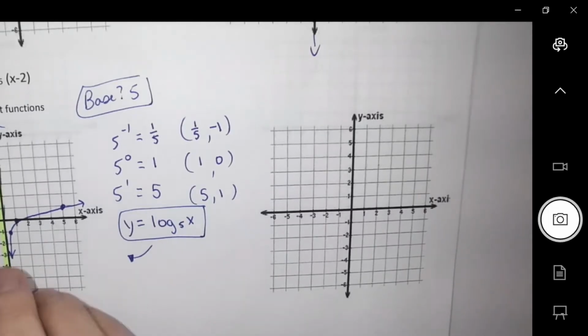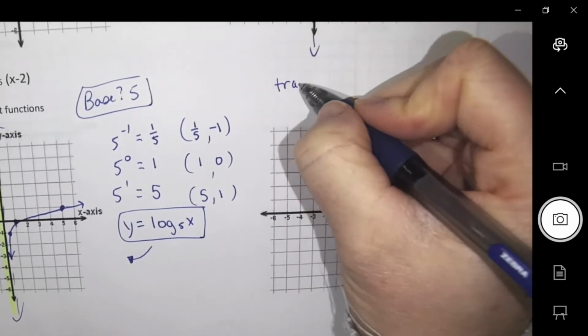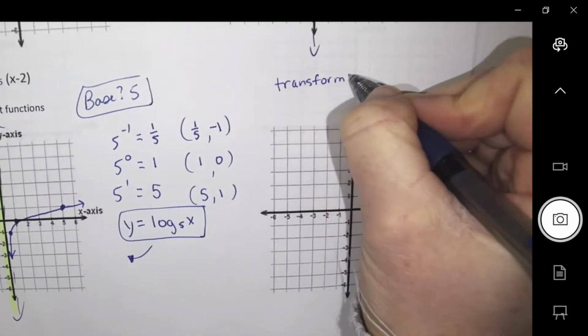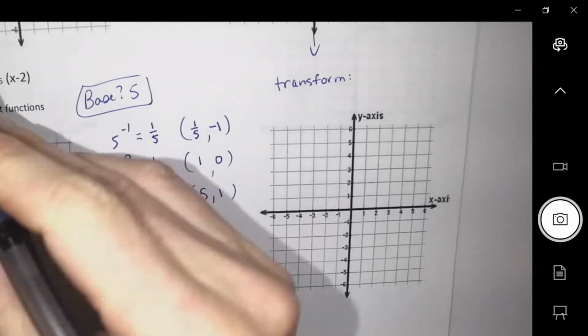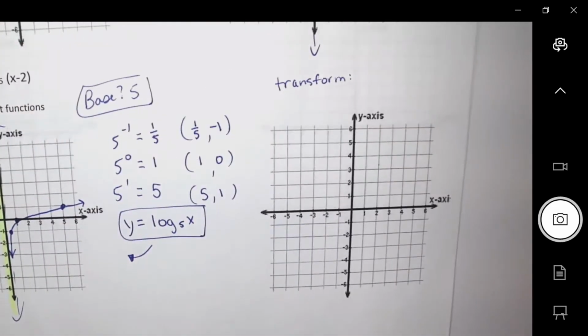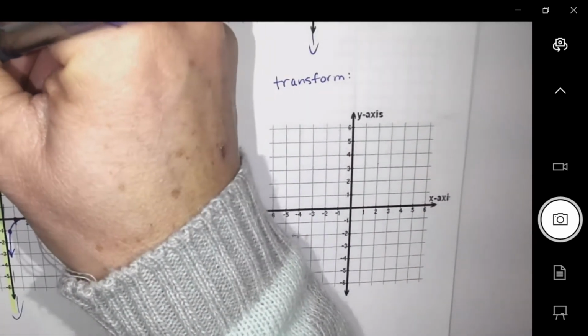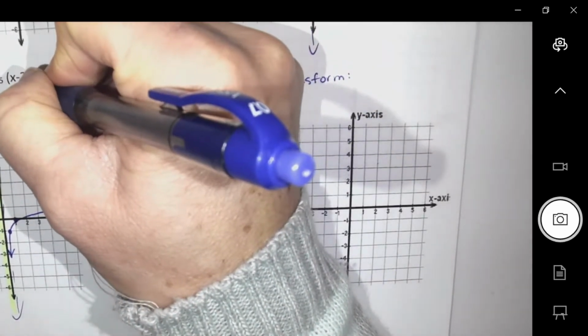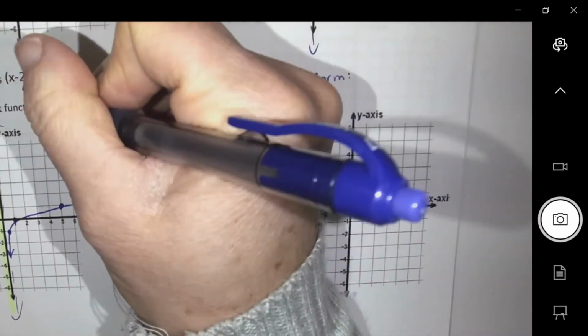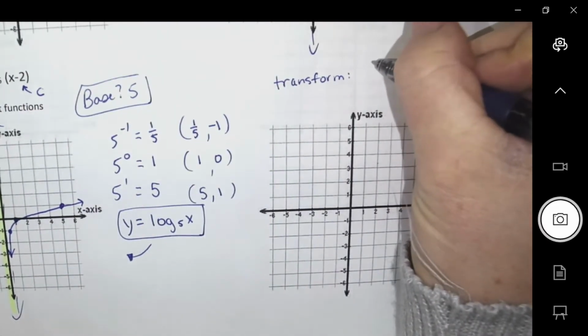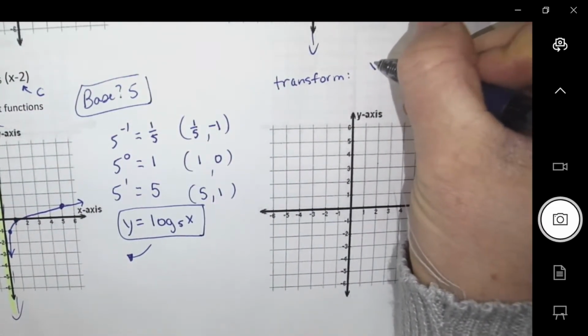Now, let's talk about the transformations. What letter would this negative symbol be? Negative 1 is the what? A, B, C, or D? An A. And when I had the subtract 2 there, a C. So I'm going to go like this.